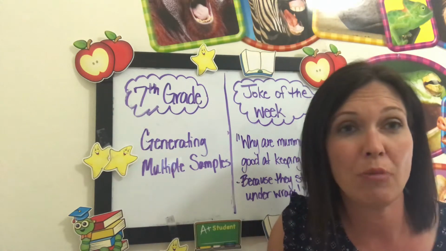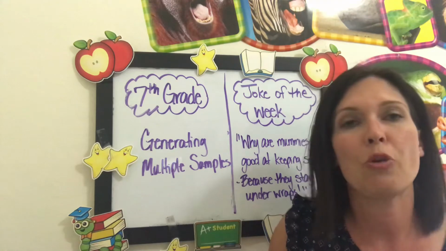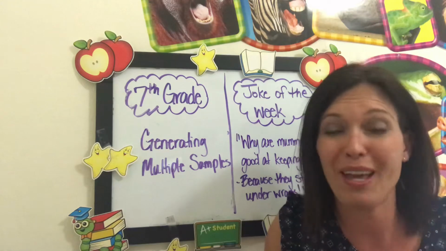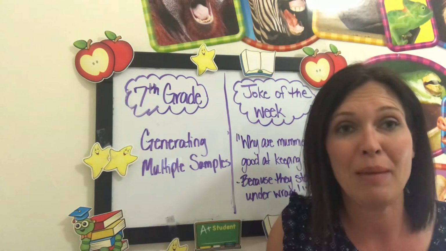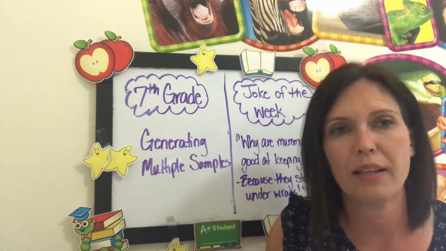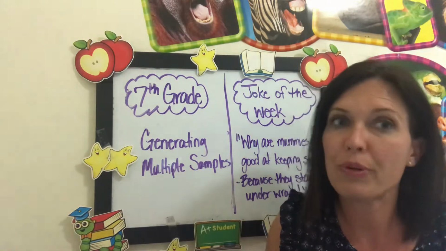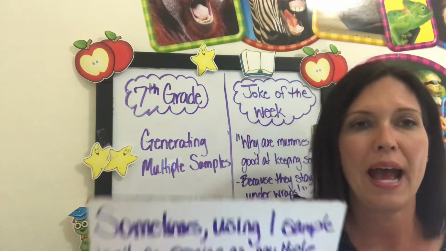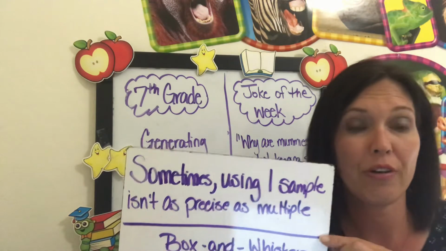But sometimes you need multiple samples. Maybe going around and asking kids in every state that one time wasn't enough. Maybe you asked them before a brand new flavor came out, and you get a more precise answer if you go back and ask again. Sometimes you need to ask more than once.